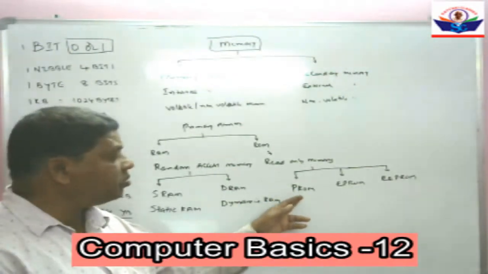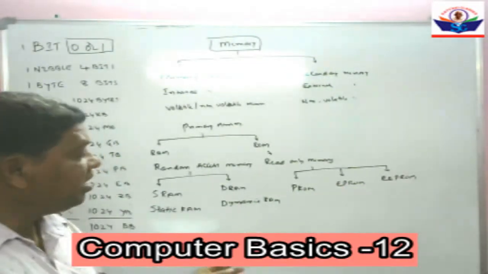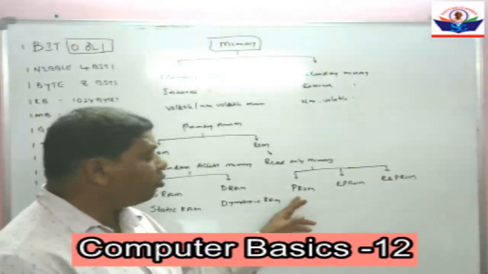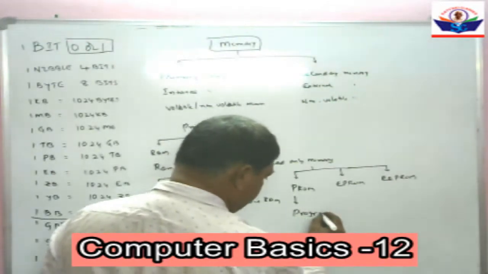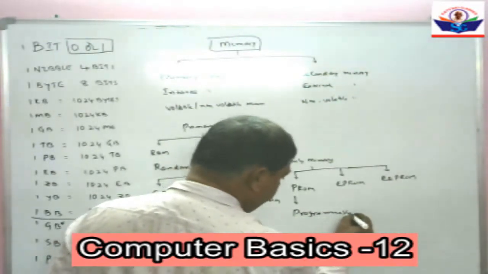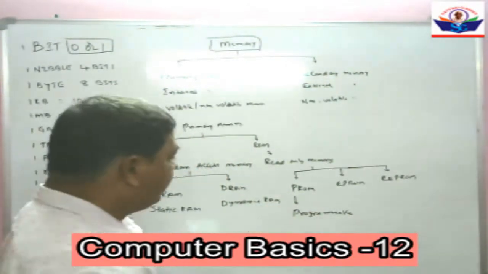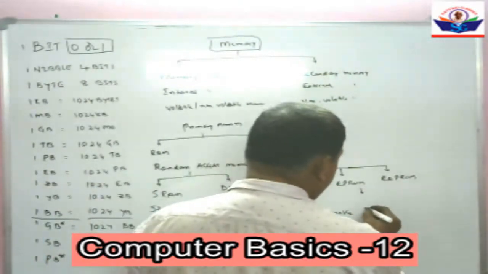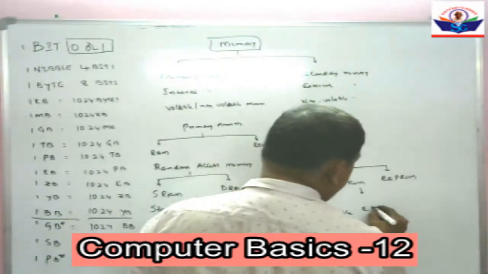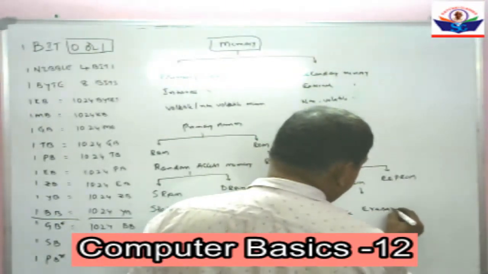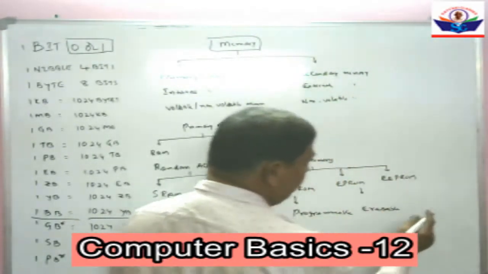One is PROM, second one is EPROM, third one is EEPROM. PROM stands for programmable read-only memory. EPROM stands for erasable programmable read-only memory.